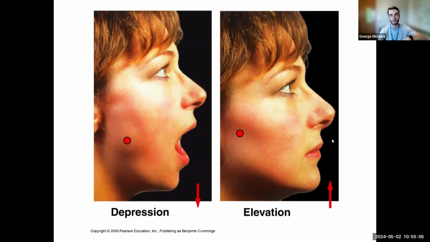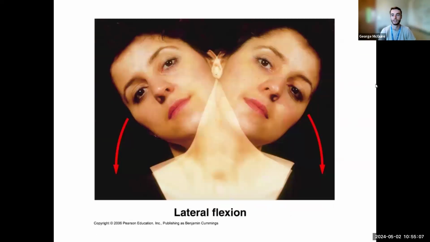But elevating is up, depressing is down. And then we have lateral flexion. So we had just straight up flexion, which is on the anterior posterior plane. Now we have lateral flexion for joints that can move in a strict plane, but in that lateral direction, right? So lateral flexion of the neck here.